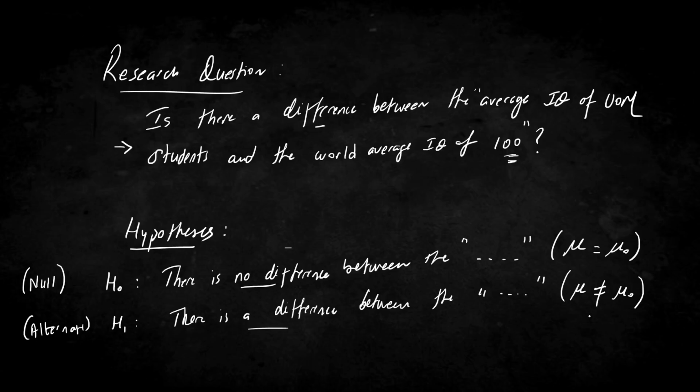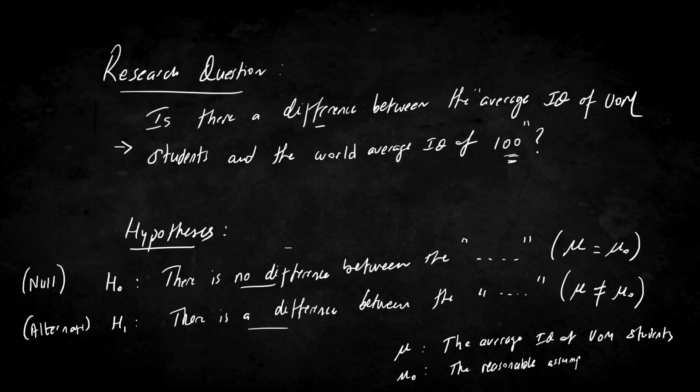Okay. So again, what does mu represent? Mu represents the average IQ of students. What does mu naught represent? Mu naught represents the reasonable assumption of a test mean value.